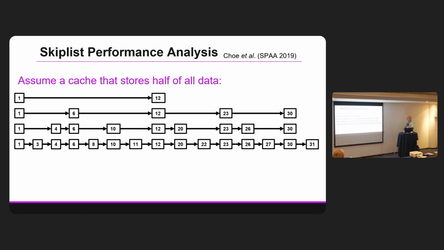So back to the drawing board. This convinced us that we can't simply take our data structures and shoehorn them into the near memory processing units. We needed some kind of hybrid approach where we use both the main memory and the near memory processing. Suppose that we have a cache that stores about half of all the data. This is the last level cache. Everything that fits in here is good because we don't take cache misses once the cache is warmed up.